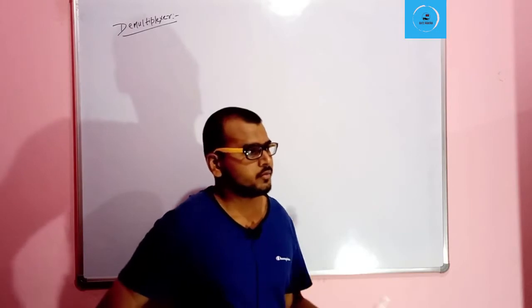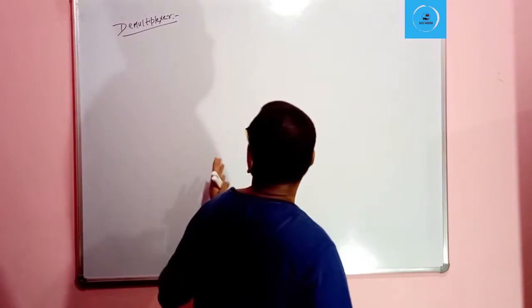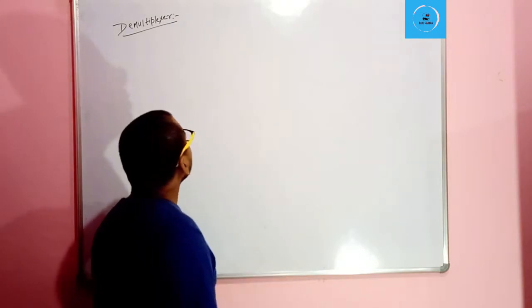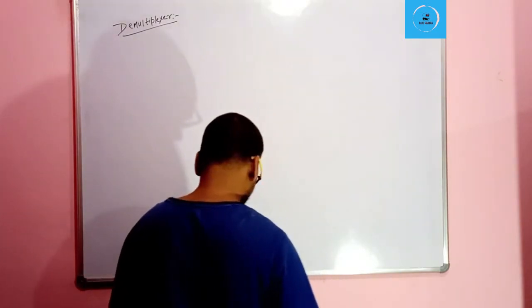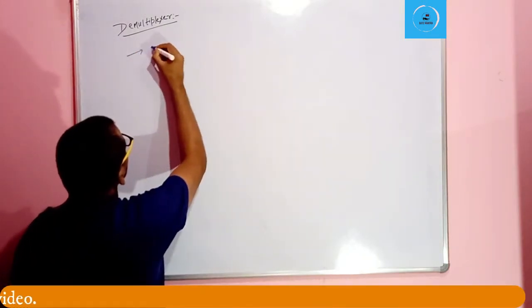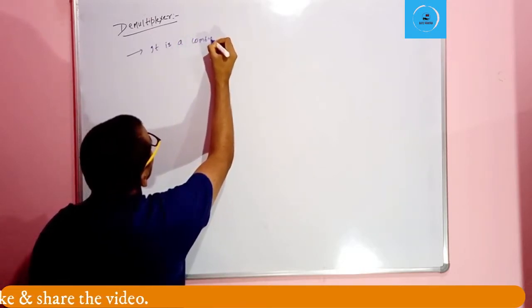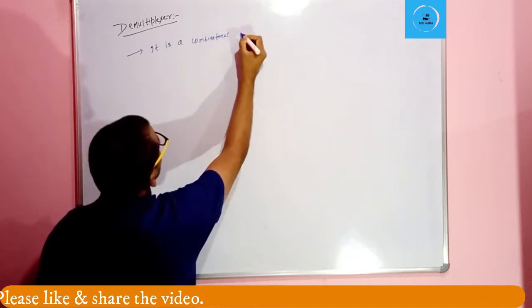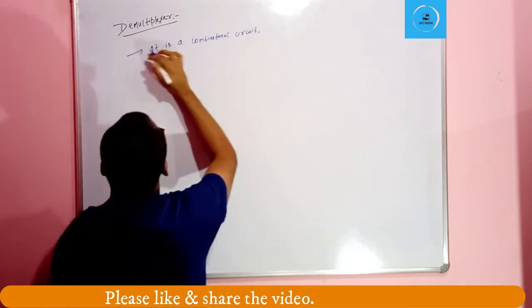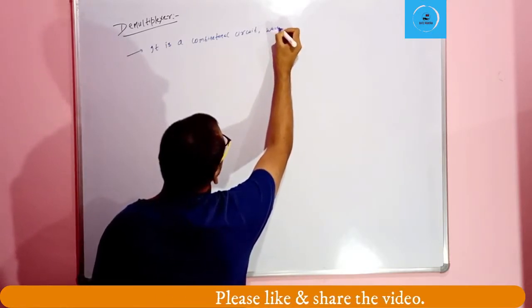Demultiplexer is also a combinational circuit which is used to convert one input to many outputs, okay. What is a demultiplexer?